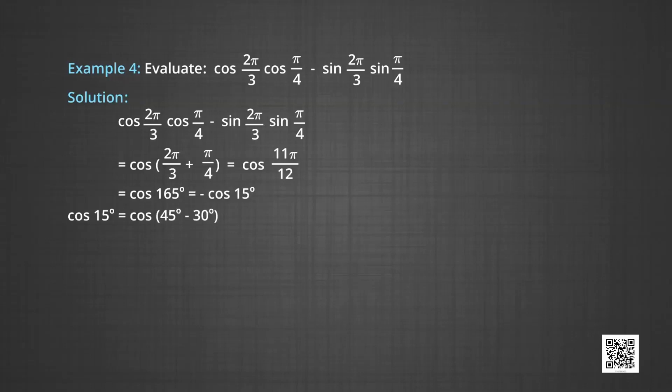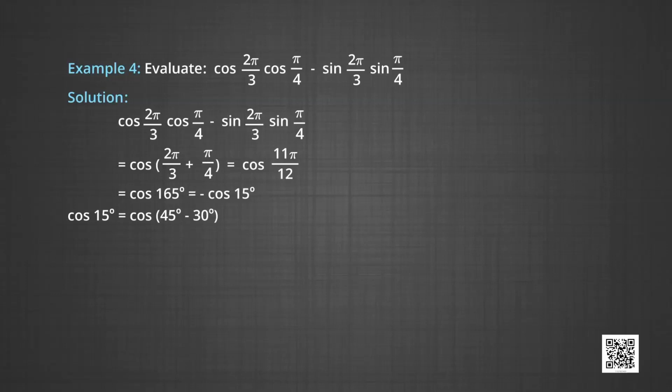Now, we will find out the value of cos of 15 degree. Cos 15 degree can be written as cos of 45 degree minus 30 degree, which is equal to cos 45 degree into cos 30 degree plus sin 45 degree into sin 30 degree.